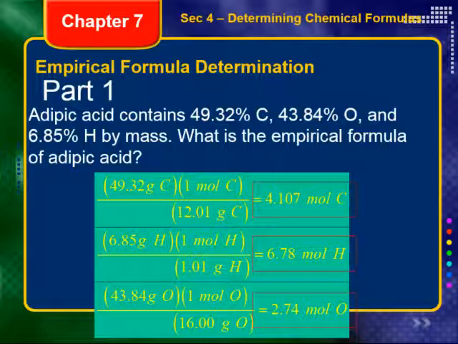Now that we have carried out all these calculations, we have 3 values whose units are in moles of that element. We converted grams of carbon to moles of carbon, grams of hydrogen to moles of hydrogen, grams of oxygen to moles of oxygen. So we have 3 values of moles. As we move on to part 2, we're going to be using these values for moles, but this is where we get them: converting the percentage into a gram value and converting that gram value into a mole value.